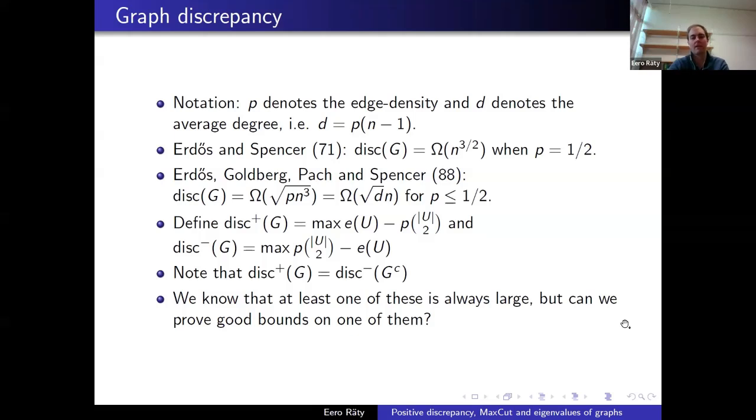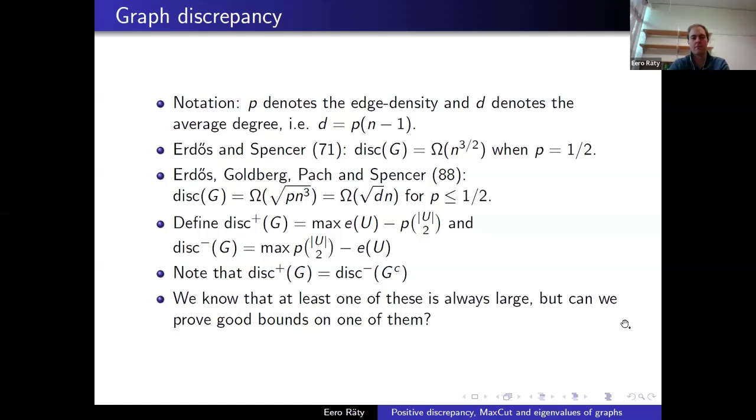So you actually can't conclude anything about one-sided discrepancies, but it's quite natural to ask, could we actually ensure that both of these would be large instead of just one of these being large?